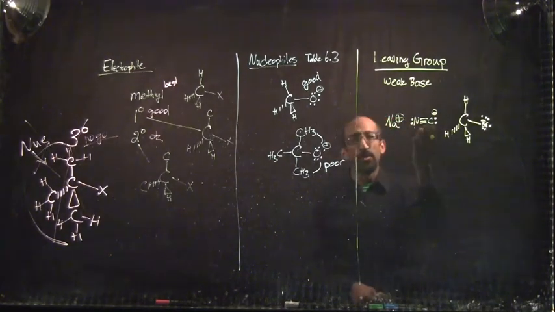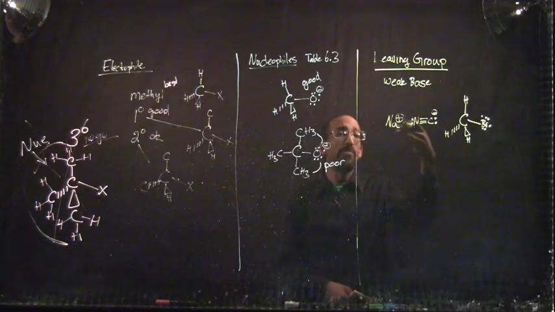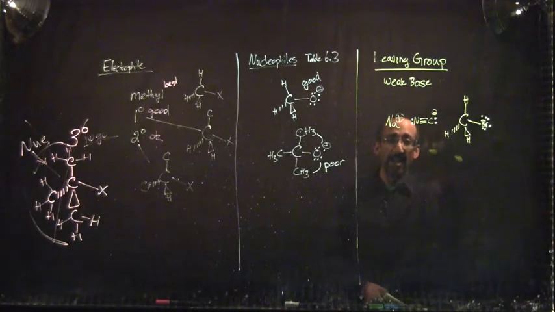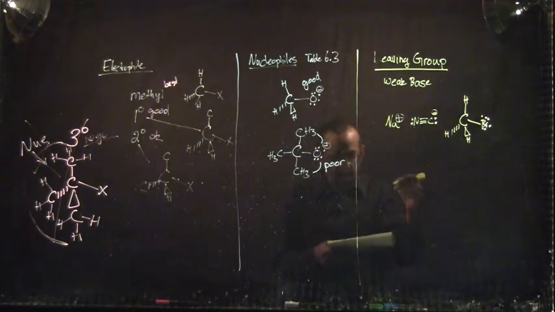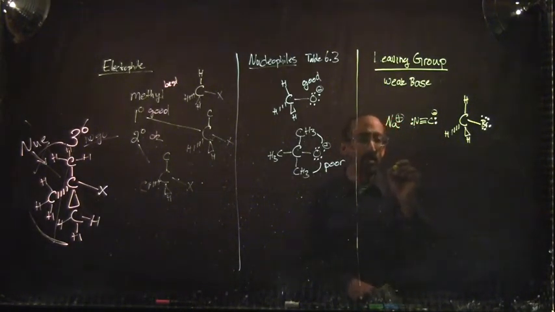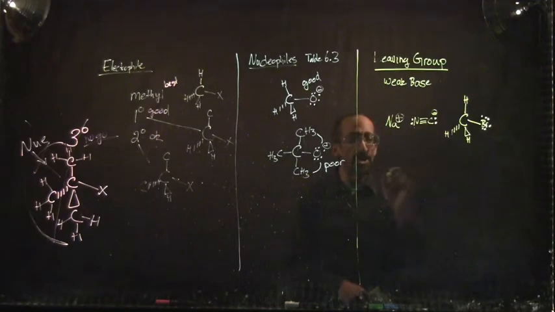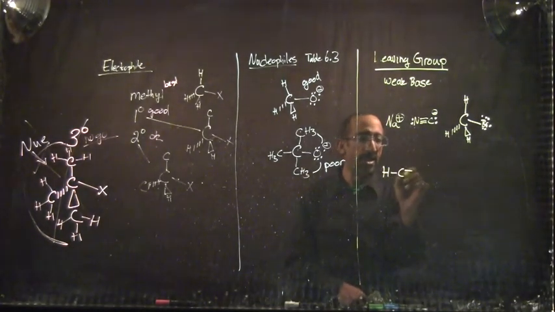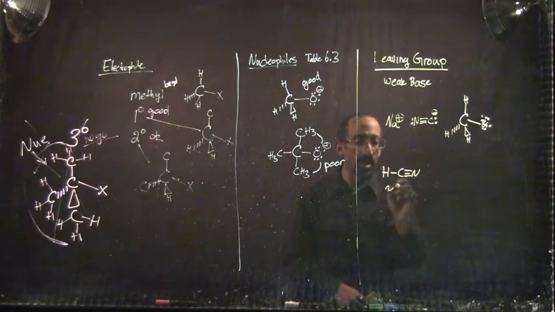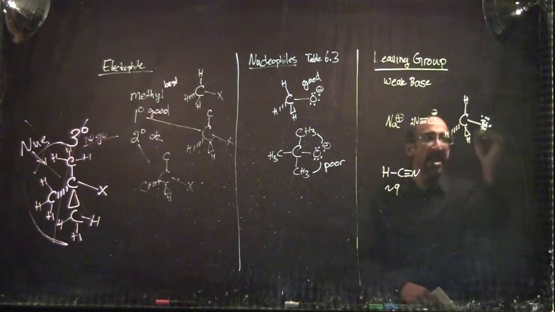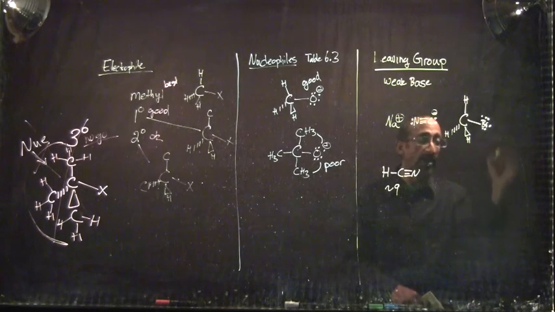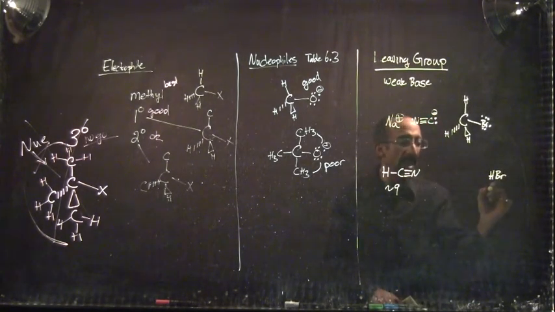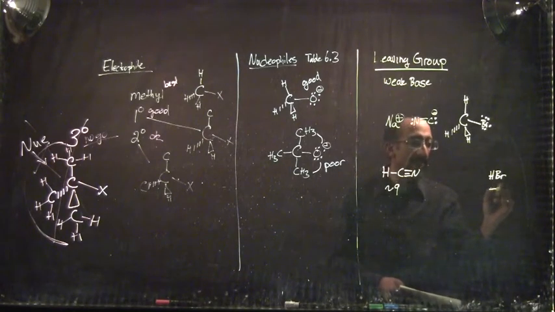Now, while you're not expected to know the pKa of hydrocyanic acid, I'm going to tell you right now that it's about 9, right? So the pKa of our conjugate acid here, HCN, is about 9. Now the pKa of the conjugate acid of our leaving group, HBr, is about -9.